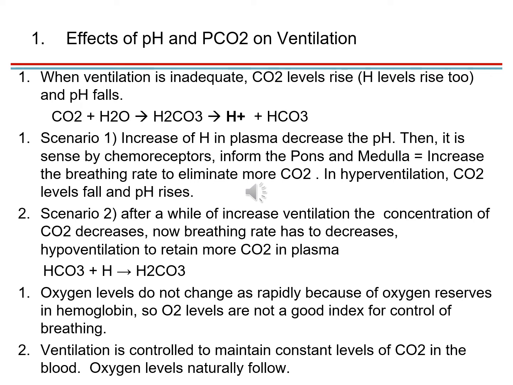Those chemoreceptors inform the cerebral cortex, and the cerebral cortex passes the information to the pons and medulla oblongata, informing that the levels of hydrogen have increased. Now, because of the increased levels of hydrogen and carbon dioxide, automatically the response will be to increase the breathing rate to eliminate more carbon dioxide and induce our body into hyperventilation.